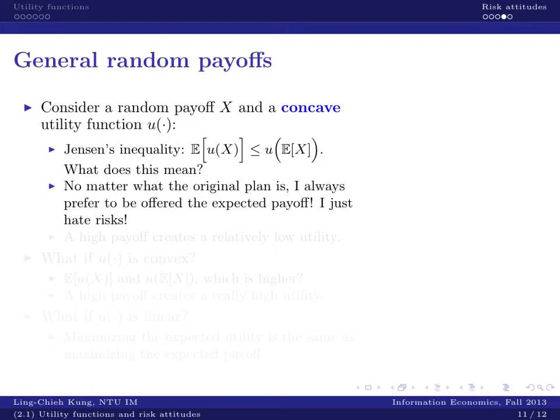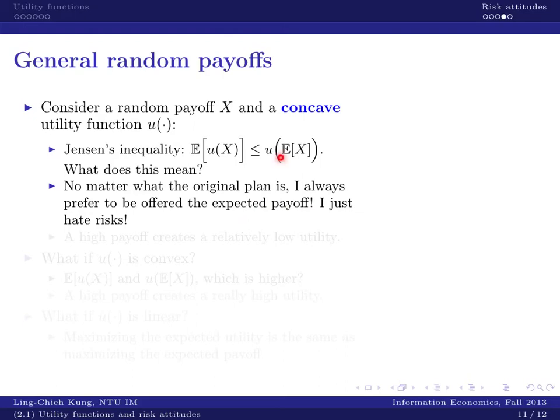That means I am offered a plan. This plan gives me a random pair of x, and I may get some dollar, and that may create some utility value. And I'm asking what's the expected utility. Okay, that's one side. But instead of having this, I always prefer what? I will always prefer to be offered the expected payoff.